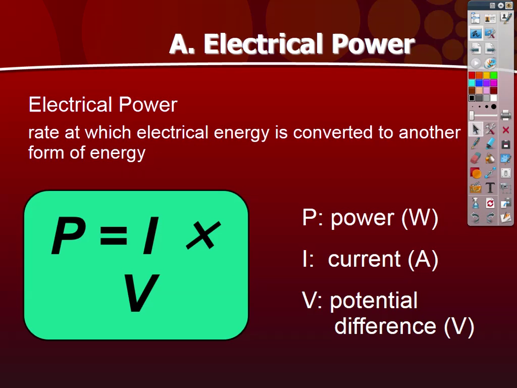We did the formula for power before: power equals work over time. Power is the amount of energy being used. Power is equal to energy over time, the change in energy over time. With electric power, we can do this by simply multiplying the current and the voltage.